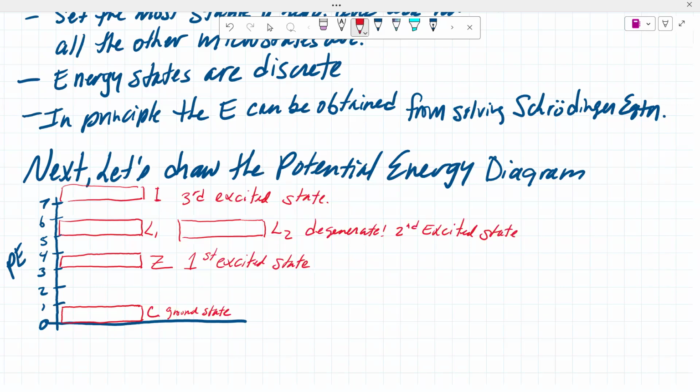It's sort of related to that. What these bars mean is that there's a particular peptide at a particular energy. In other words, a microstate has an associated energy. And because the L1 and L2 peptides both have similar shapes, they have the same energy, and so this leads to degeneracy. This means we have two places at the second excited state, and that's going to have some implications.